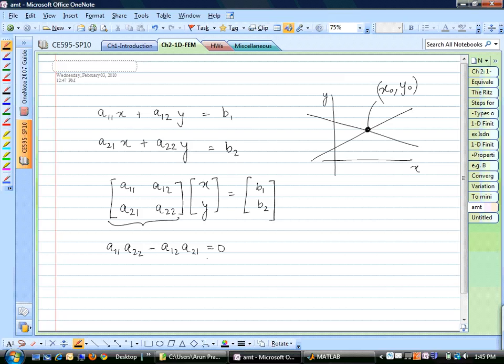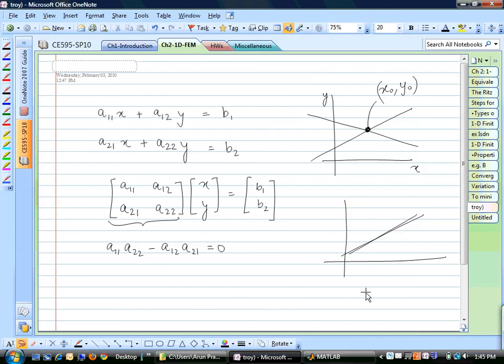What does that mean in a geometrical sense? They are parallel or overlapping, right? The only two possibilities are that those lines are either parallel or they are actually overlapping.